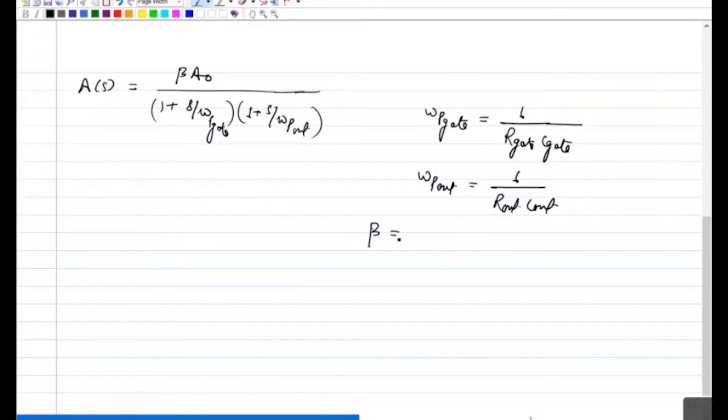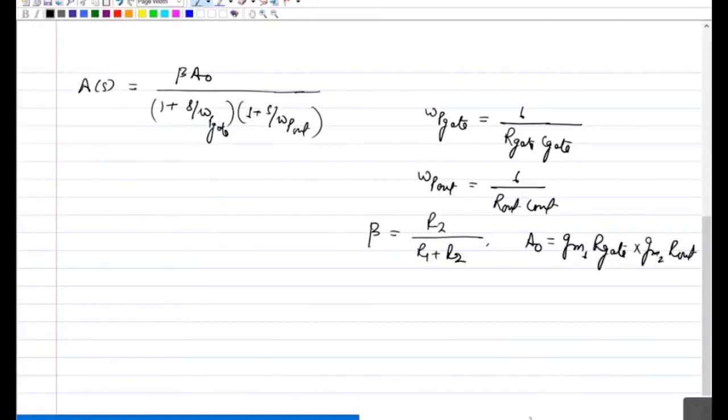Beta is R2 over the total resistance, and A naught is gm1 R gate for the first stage multiplied by the second stage, which is gm2 R out. Okay.